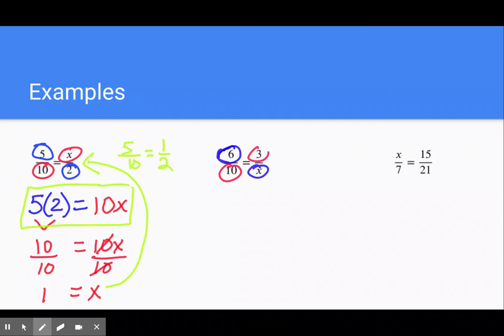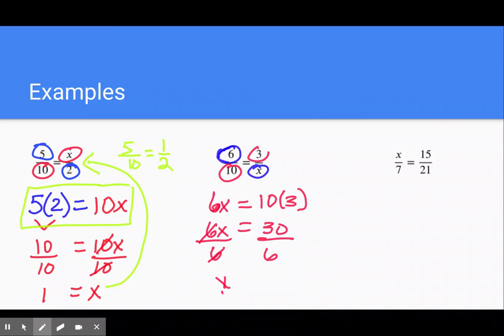So 6x equals 10 times 3. So 10 times 3 is 30. 6x, just a one-step problem, divided by 6, divided by 6. X will equal 30 divided by 6, which is 5, sorry.